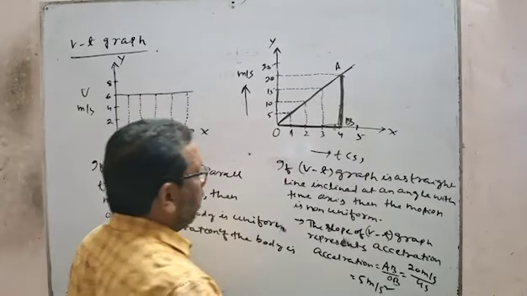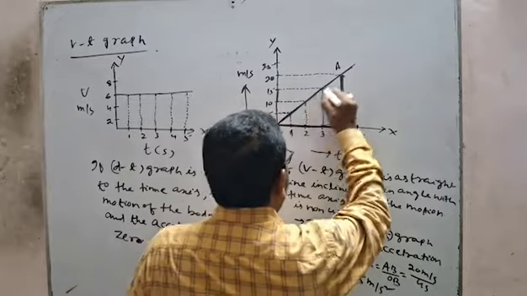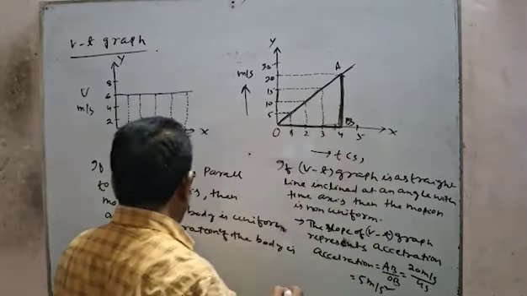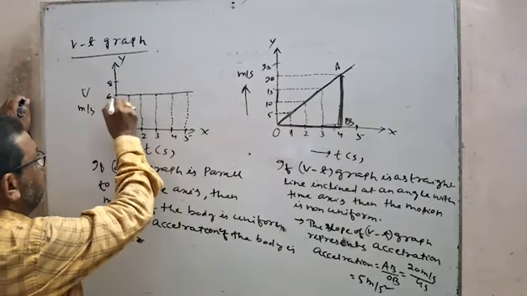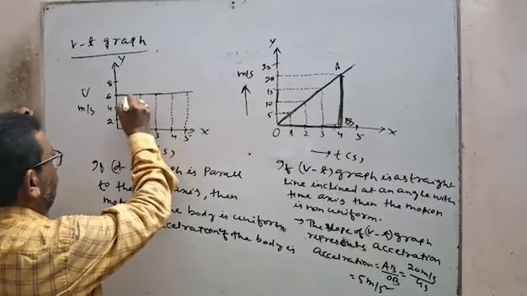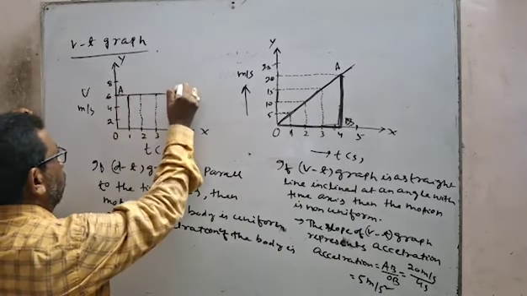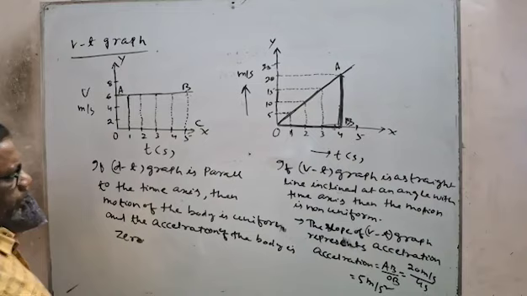And how can we know the distance covered by the body from the Vt graph? In this graph also, how can we find the distance? We will name it OABC.